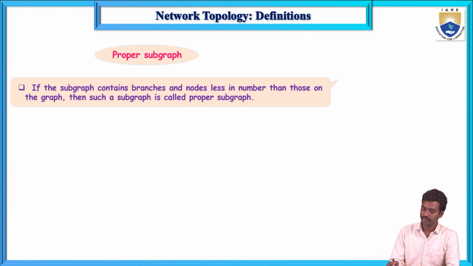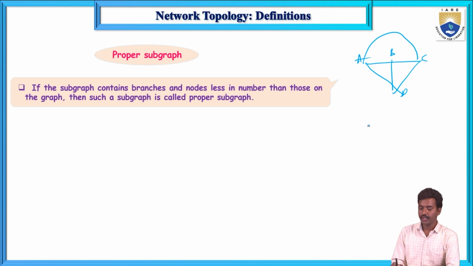This is the graph, A, B, C and D. Now here, this is a subgraph. The number of branches in the main graph is 6 and the number of nodes is 4.